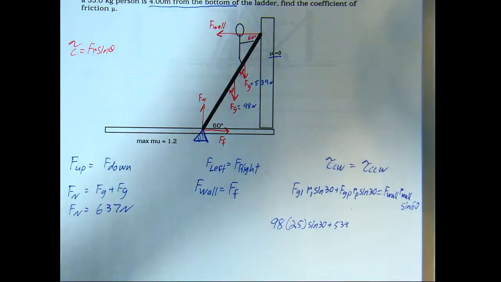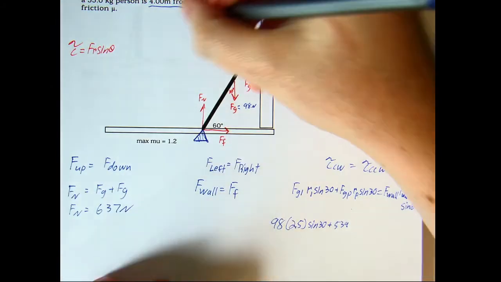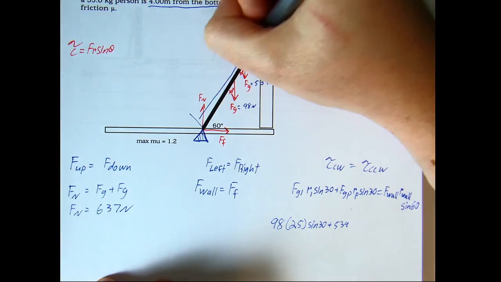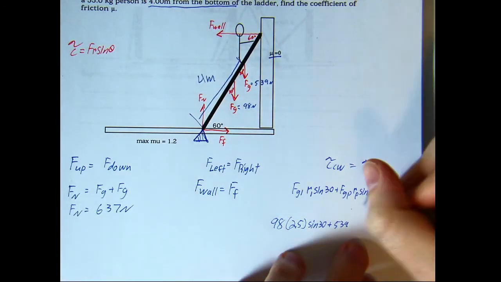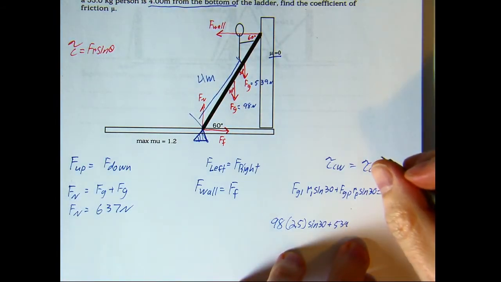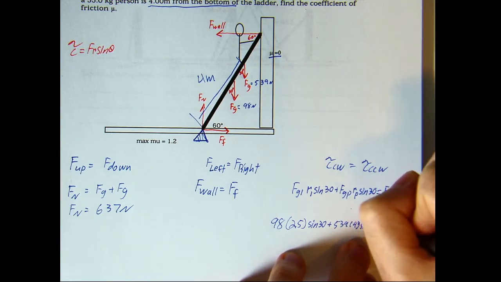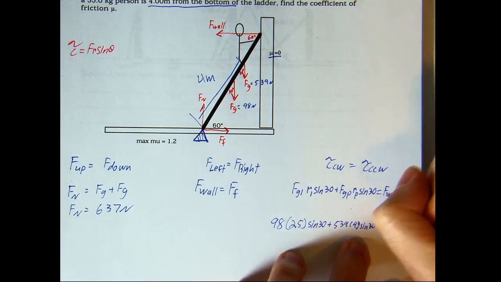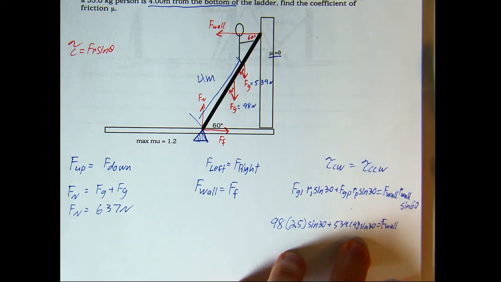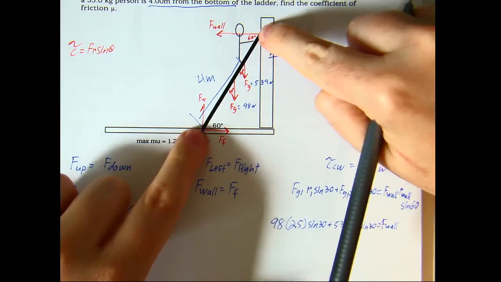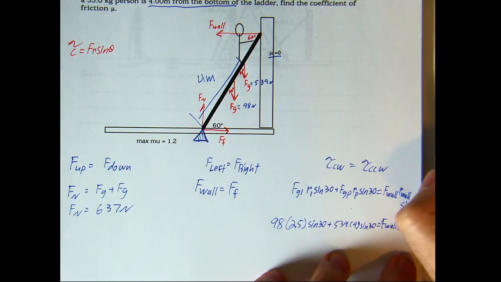But again, we always want the distance from the pivot. So 4 meters from the bottom means this is 4 meters. So 539 times 4 sine 30 is going to equal F wall times the distance here, which is 5 sine 60.